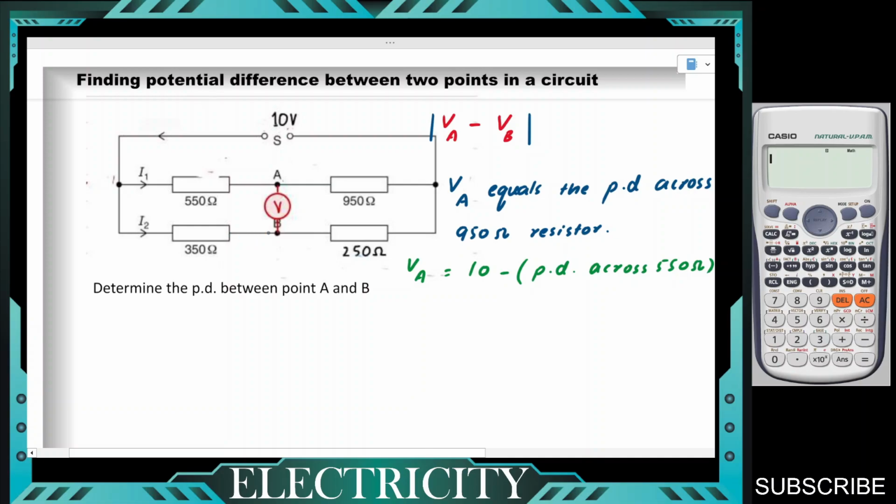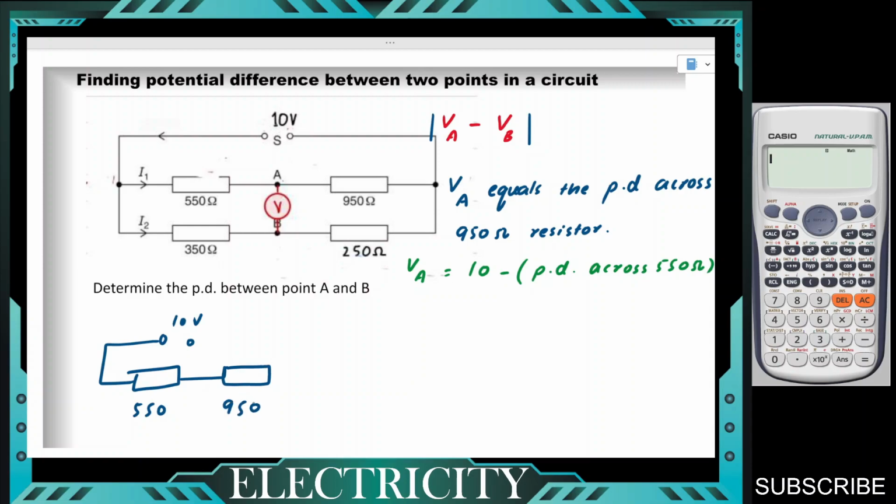For that, just consider the same circuit that I've drawn over here, the simplest form. This is the 10 volt power supply. Here you have the first resistor, which is 550, and then you have the second one, which is 950. That would equal the voltage at the point A.